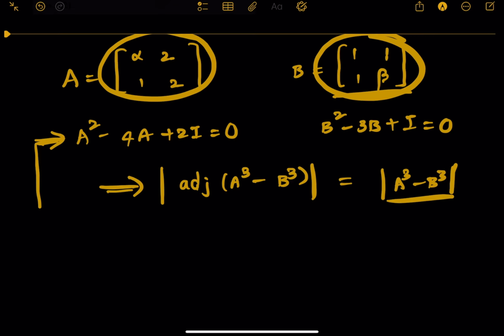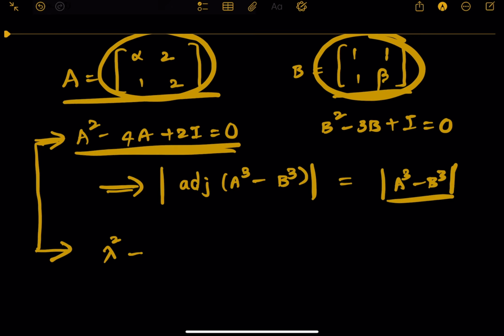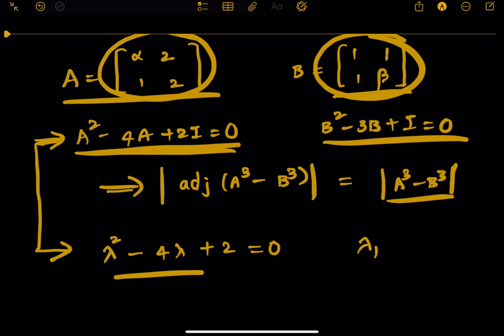So from the Cayley-Hamilton theorem, if you know the equation, let us say lambda is an eigenvalue of this matrix. Then this is the equation that satisfies the eigenvalues.